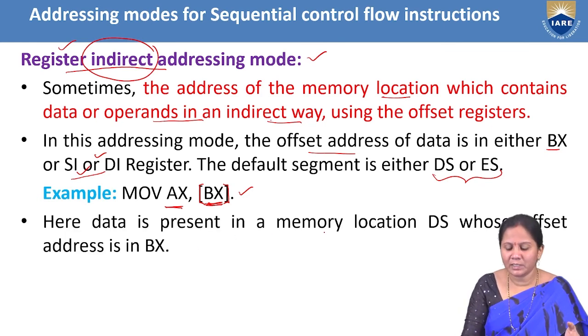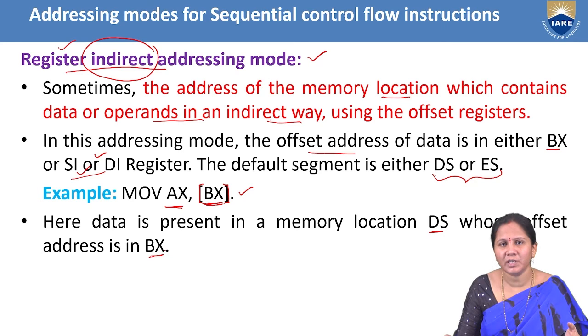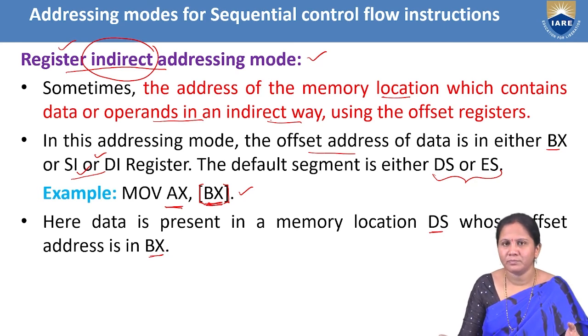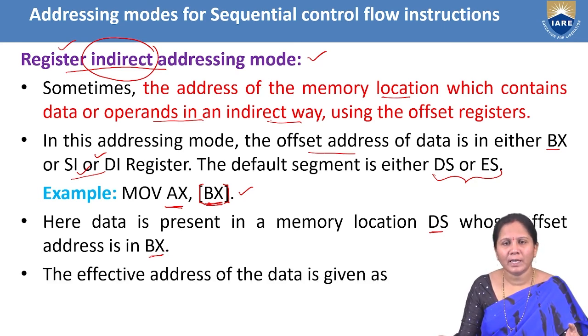The data is present in the memory location DS, whose offset address is specified with the help of a register BX. So in order to calculate the effective address, that is the 20-bit physical address, you have to consider the segment address and offset address.